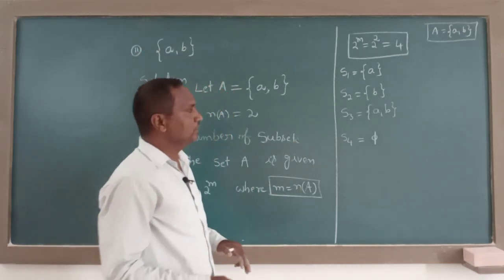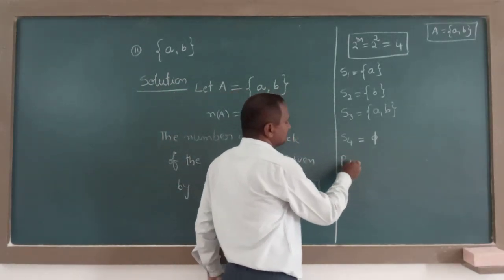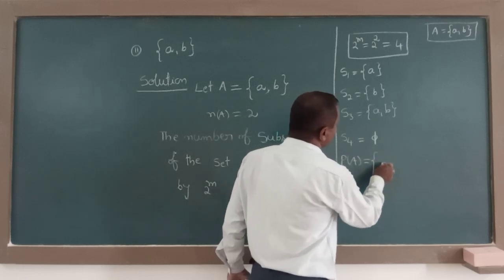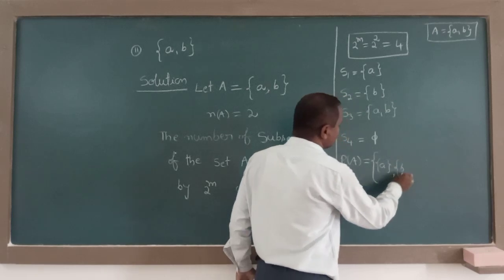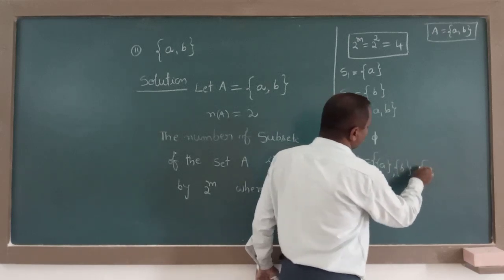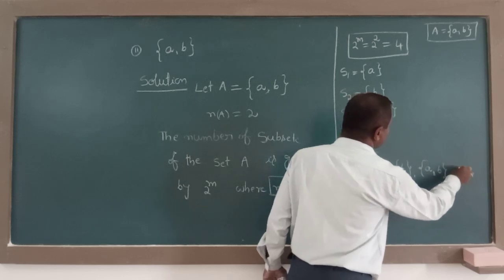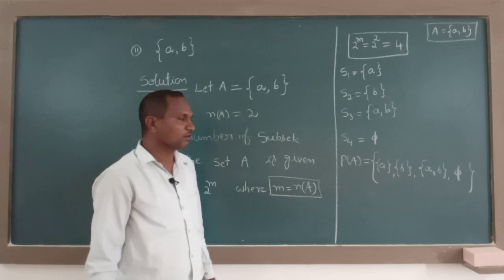And finally, we must list them like this. Power set P of A is equal to the set of A elements, another set of B elements, and one more, A comma B, and the last one is the null set. These are all the subsets.